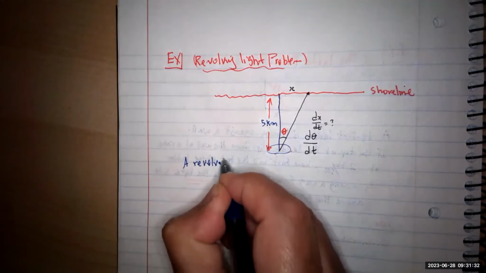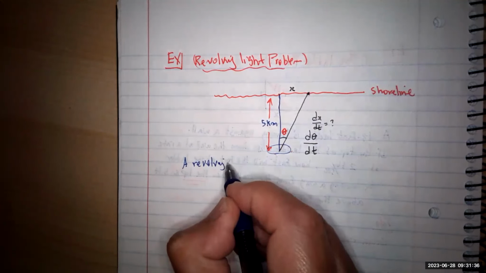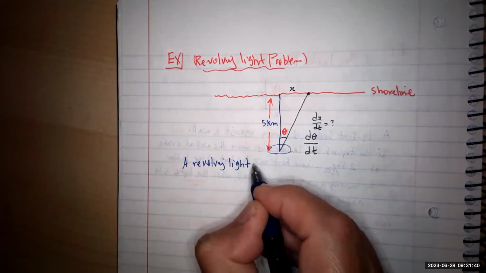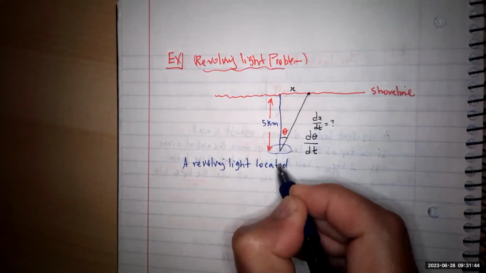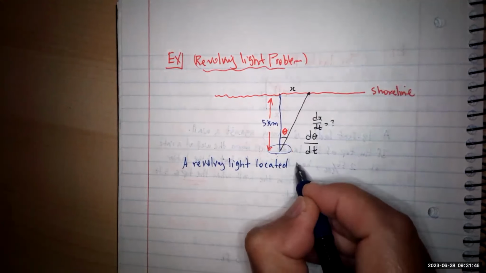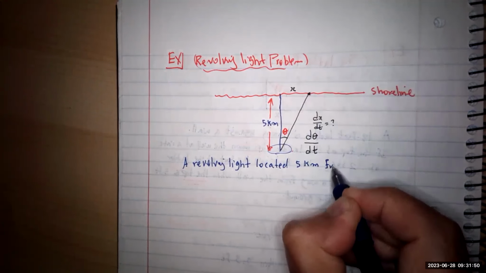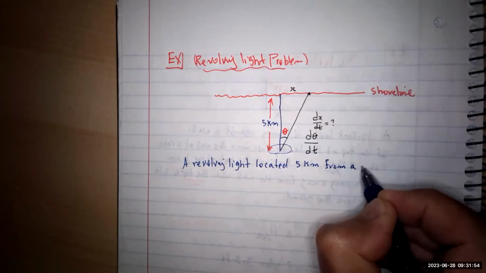Revolving light. Okay, a revolving light located 5 kilometers from a straight shoreline.